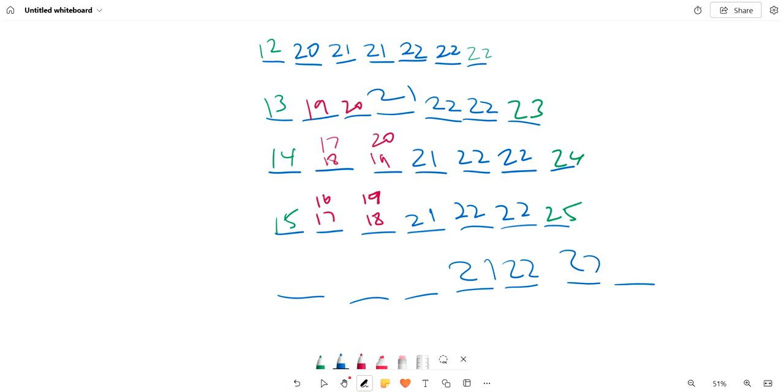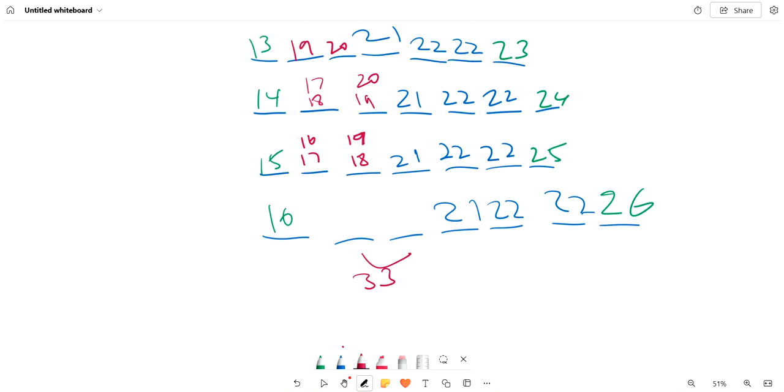22, 22, and 25, no. And, oh shoot. This is 26 and 16. And so when this happens, these two have to sum to 33 because the mean is 20.